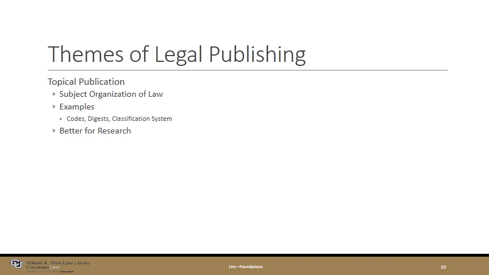In a statutory code, the body of statutory law is divided into subjects, and all of the statutes that are in force at the time the code is actually created are put into the appropriate subject area. This is also true for regulatory codes. This makes it easy for legal researchers to find all of the law on a particular topic. So topical publication tools are really better for research.